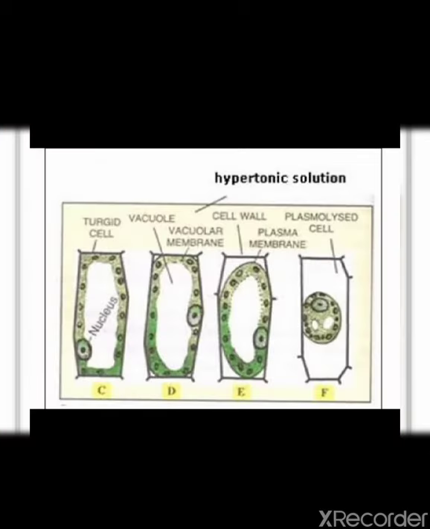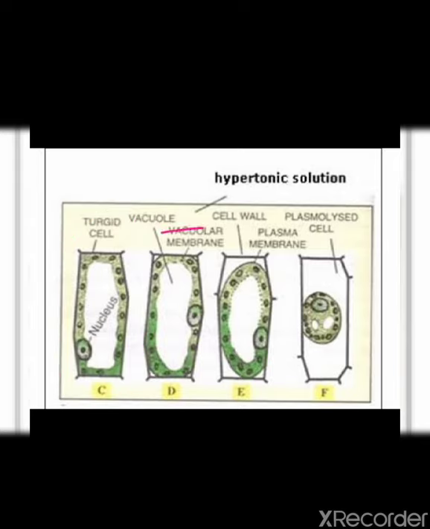You can see in this figure also, when the cell is in fresh water, then plasma membrane and cell wall both are closely in contact with each other. So in this form, the cell will be in turgid condition.